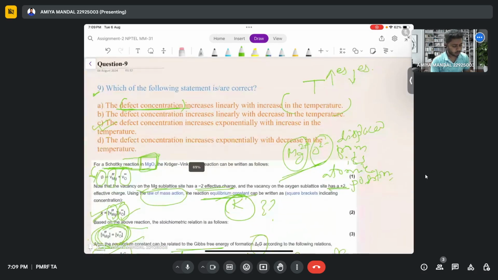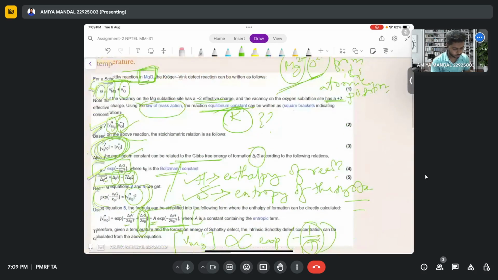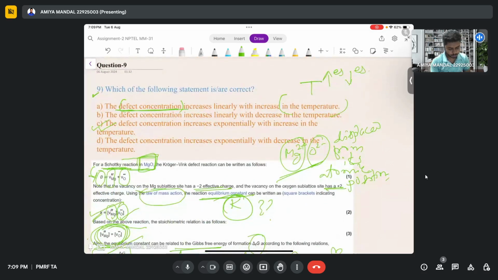So we are here at question number 9. Defect concentration increases exponentially, not linearly. Temperature increment increases the defect concentration because the vibrational effect of temperature increases the energy of the atomic sites.